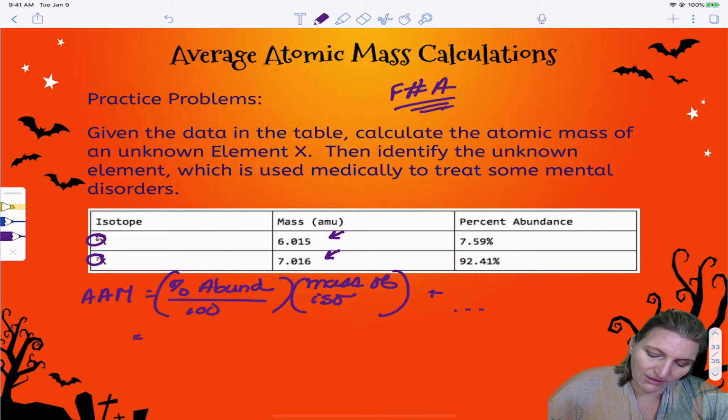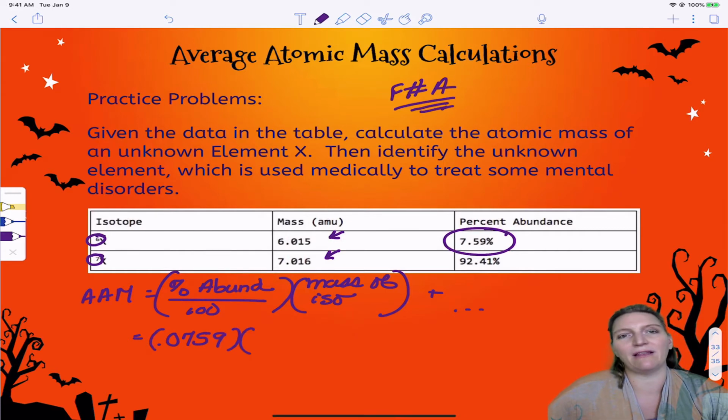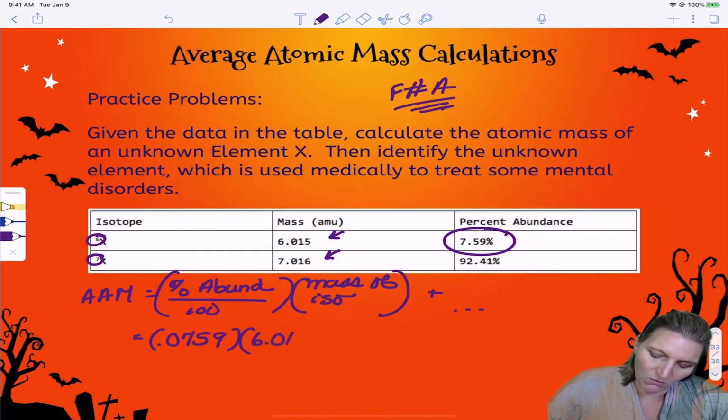So the percent abundance of the first isotope is 7.59. So you can write 7.59 over 100, or you can do that in your head. If you do that in your head, just be careful, because students often will get that incorrect. And then the mass of that isotope is 6.015.